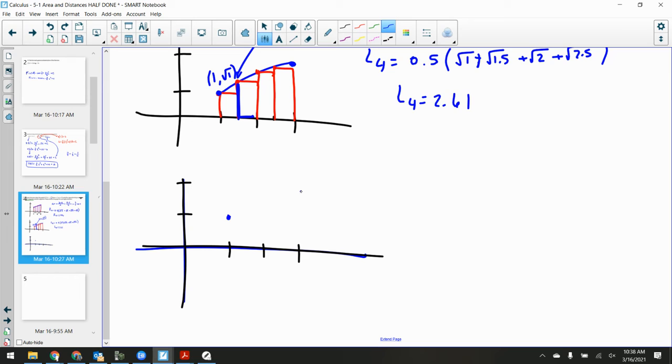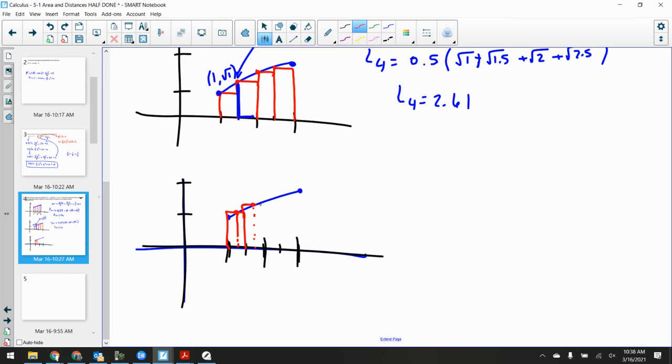Okay, there we go. So there are my intermediate values. I would want to use these heights. Okay, so here's my middle point. That's the middle of my rectangle.